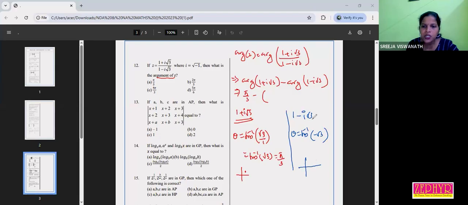Real part is positive, imaginary part is negative, so that lies in the fourth quadrant. Here we take the angle as minus theta, so minus pi by 3. Clear? So the final answer, pi by 3 minus of minus pi by 3, that is equal to 2 pi by 3.